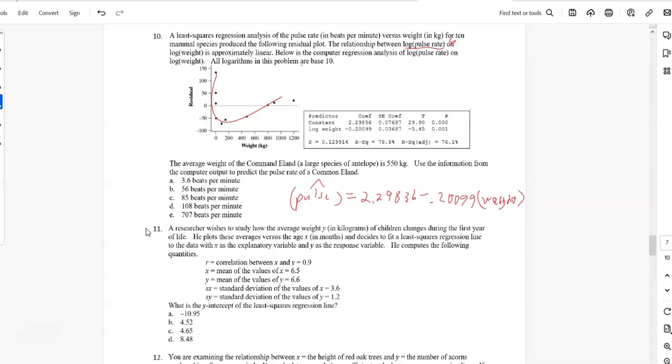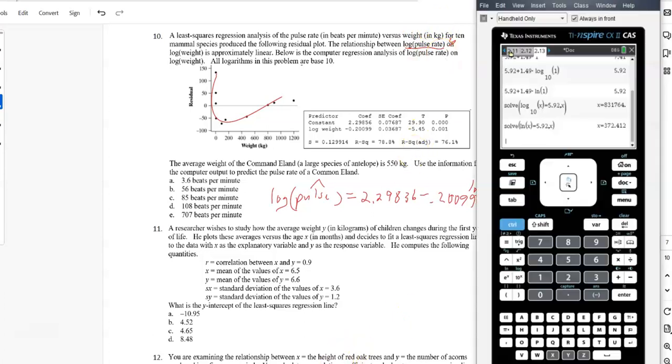So we have our equation, and was there any log going on here? There was. The relationship is between the log of the pulse and the log of the weight. And this is regular log, not natural log, gotta remind myself.